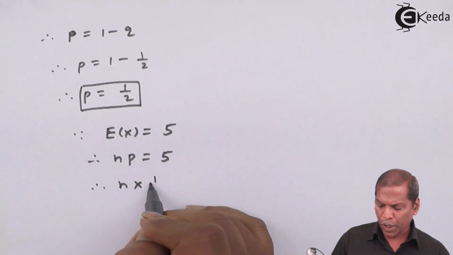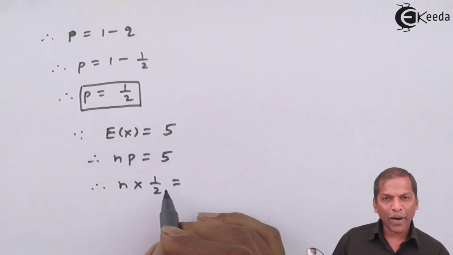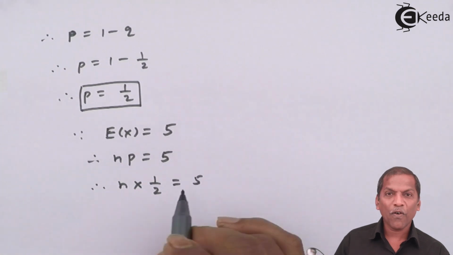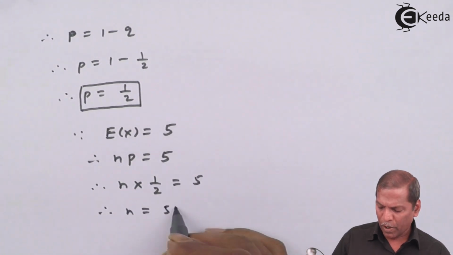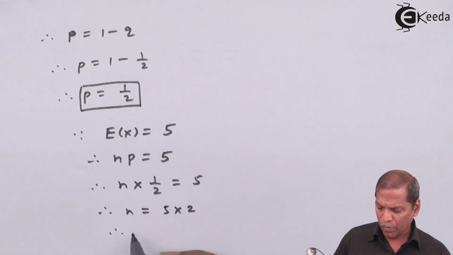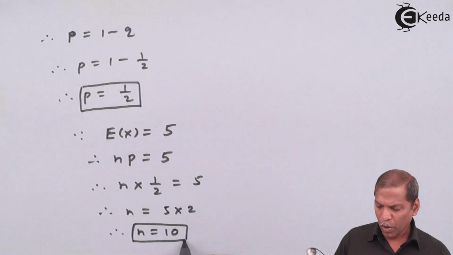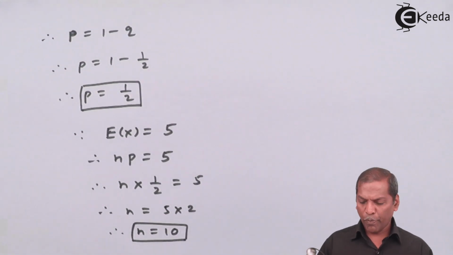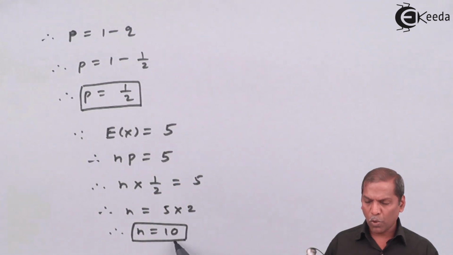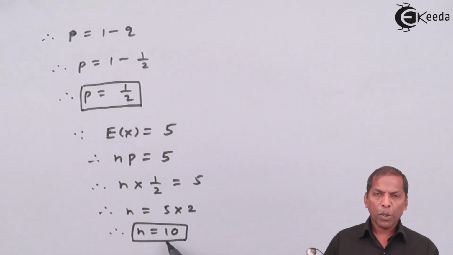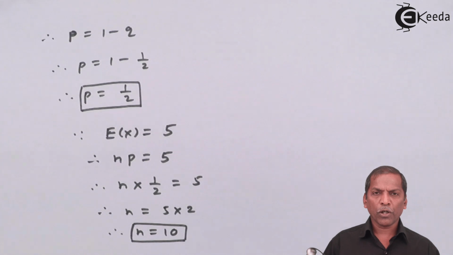For P we substitute the value 1 by 2, and finally we get n equal to 5 into 2, so that gives n equal to 10. So in this way we get P is equal to 1 by 2 and n is equal to 10. So this is the required solution for the given problem. Thank you.